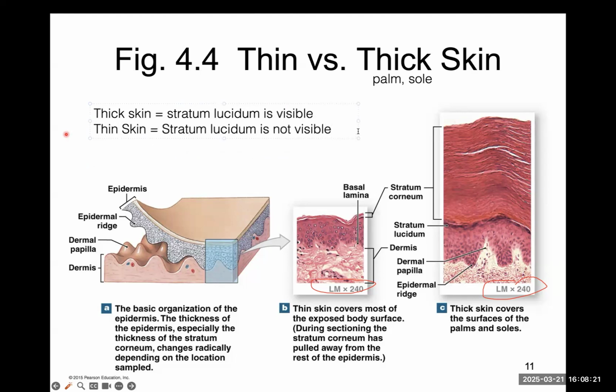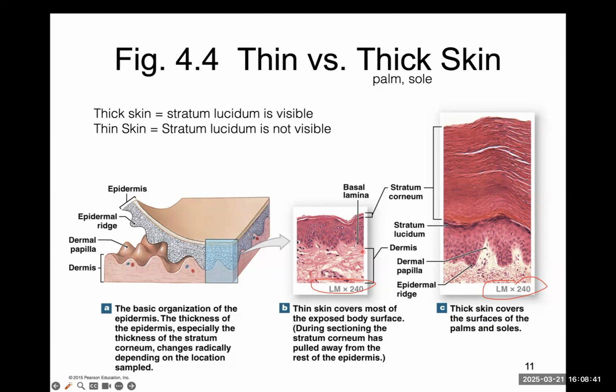Now, just because you can't see it doesn't mean it's not there. It's there, it's just hard to see. You can clearly see that the textbook has labeled stratum lucidum in the thick skin, but hasn't labeled it in the thin skin. It's a very light layer right above stratum granulosum.